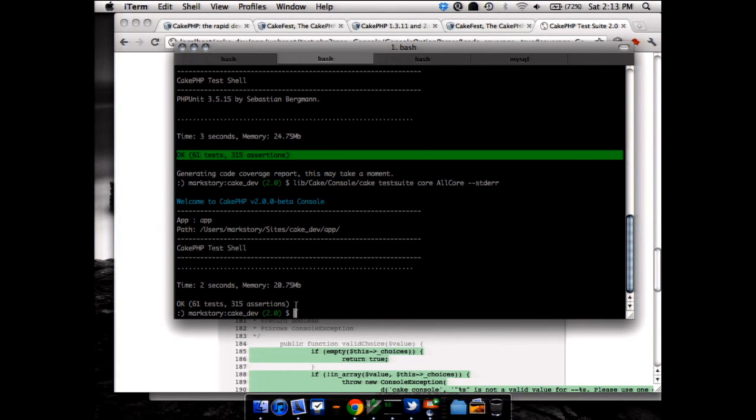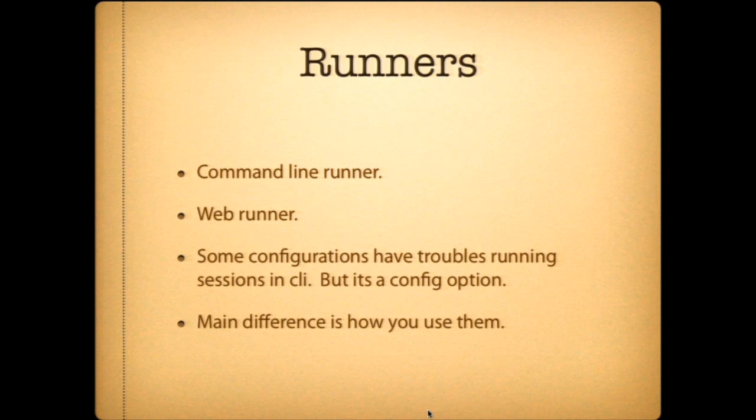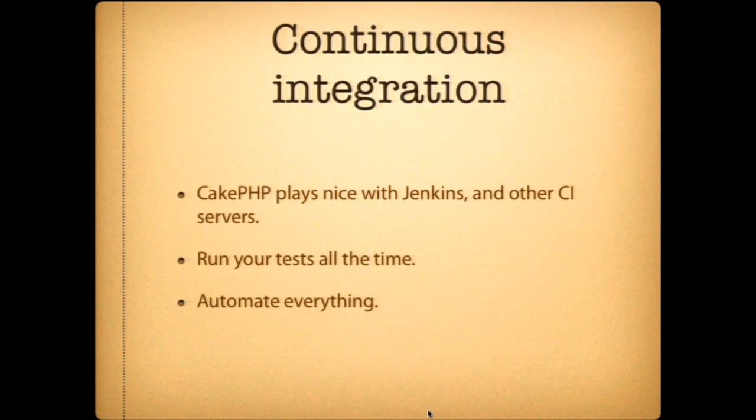So if you have session tests or anything that's using the session or sending headers, you might see warnings that the tests are failing because headers have already been sent. And then you might want to just run those tests again with standard error, and they'll probably pass. And that's just the difference between PHP in a web environment versus PHP in a command line environment. So either change your config or change your other thing. Yeah, so the main difference is how you use them. We did that. Continuous integration.